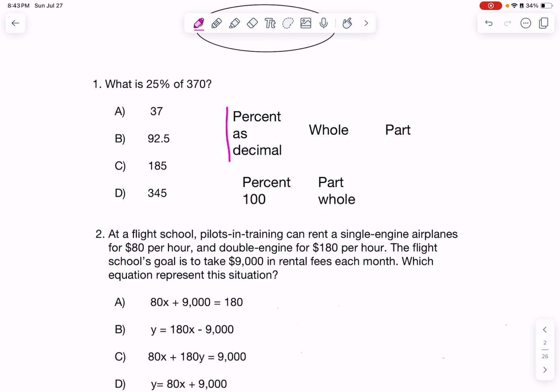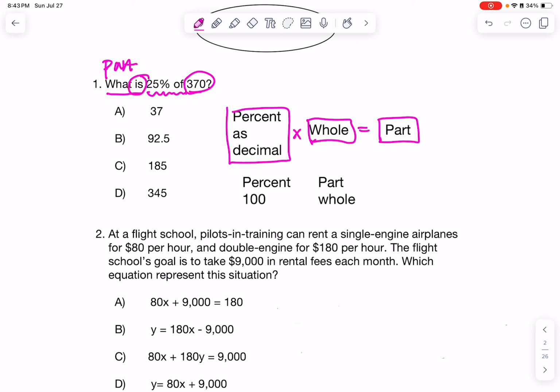percent as a decimal times the whole number will give you a part, which means they're asking what is a part of 25% of the total whole number.